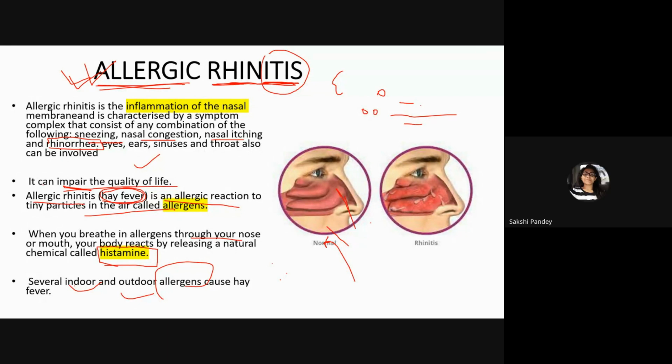So with respect to the immune system, if someone has a strong immune system, then rhinitis won't affect them easily. Not easily, but it is not fixed that it will not happen to the person, because it depends upon the severity of the problem and also the attack of your allergens.